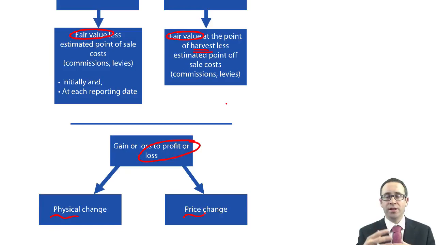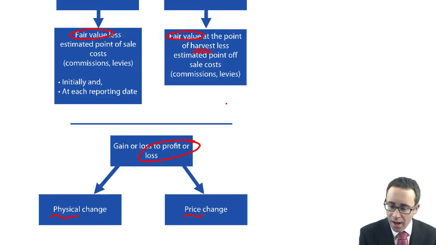So it will have grown physically by another year, but there will also be a price change in the value of that asset as well. Okay, so you could disclose that separately. It's voluntary, you don't have to, but you could disclose it separately within the notes if it is useful to the users to show the price change and the physical change.